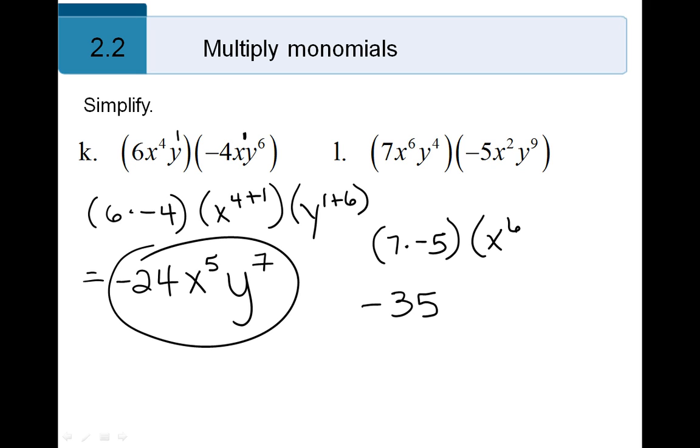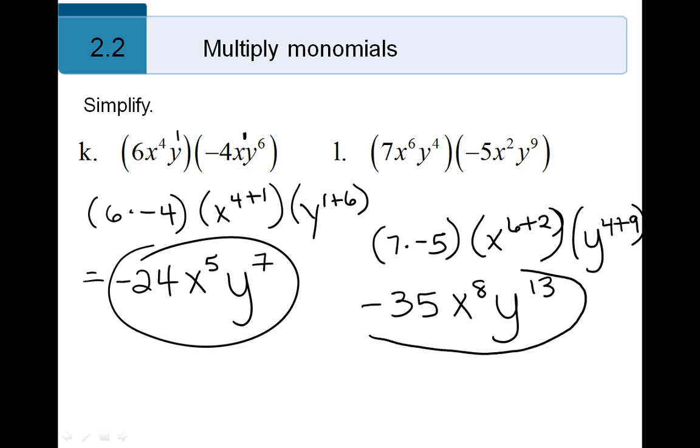That's x to the sixth plus 2, which is x to the eighth. We have y to the fourth times y to the ninth, which is y to the 4 plus 9, which is equal to y to the 13th. So our product is negative 35, x to the 8th, y to the 13th.